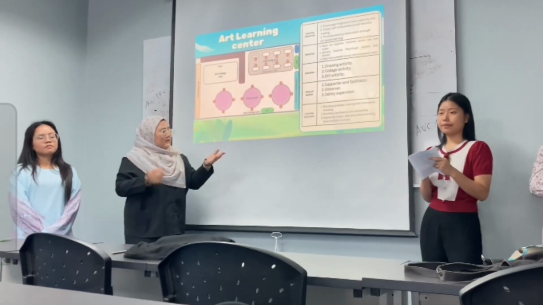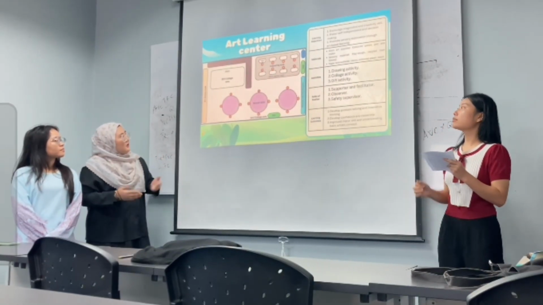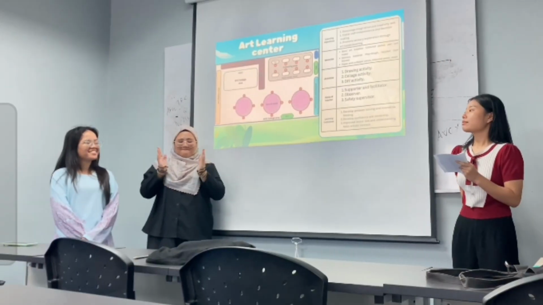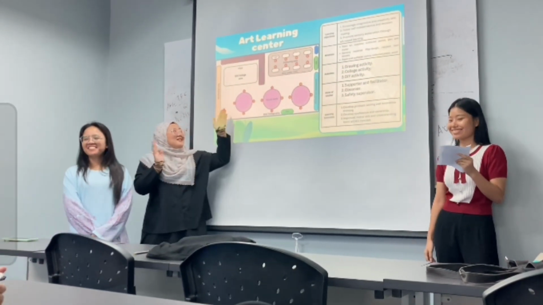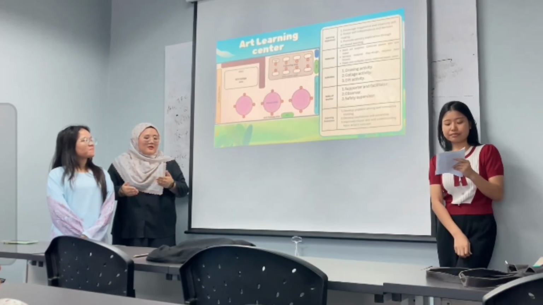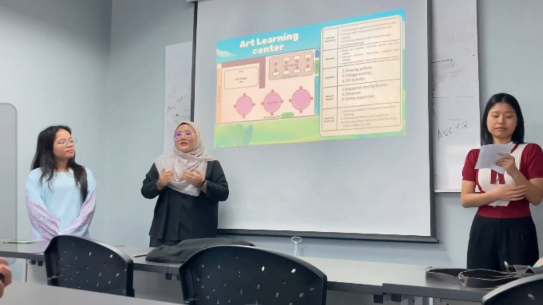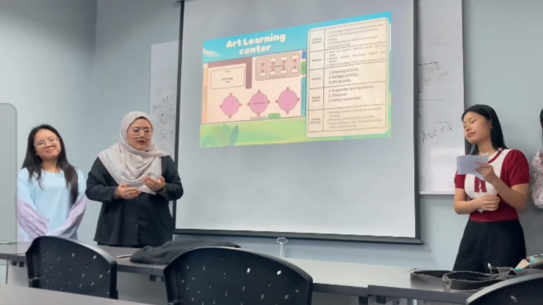If you look at the layout, the first thing I will explain is the shelf. This is for the art materials, which will be organized and labeled based on their area.